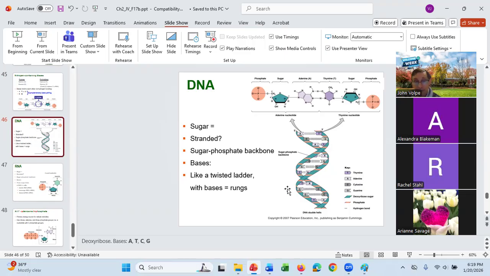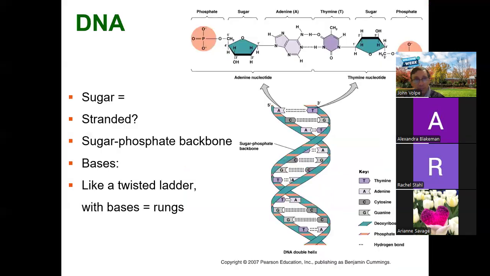The DNA single strand is held together by the sugar phosphate backbone. Let me see if I can blow this up and show you. So here we have a sugar, the green, the phosphate being the orange, held together by the next sugar, held together by the next phosphate, and that holds the single strand of DNA together.